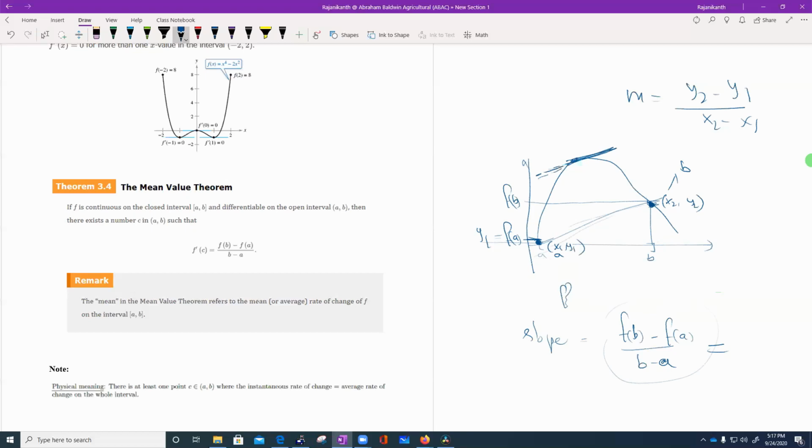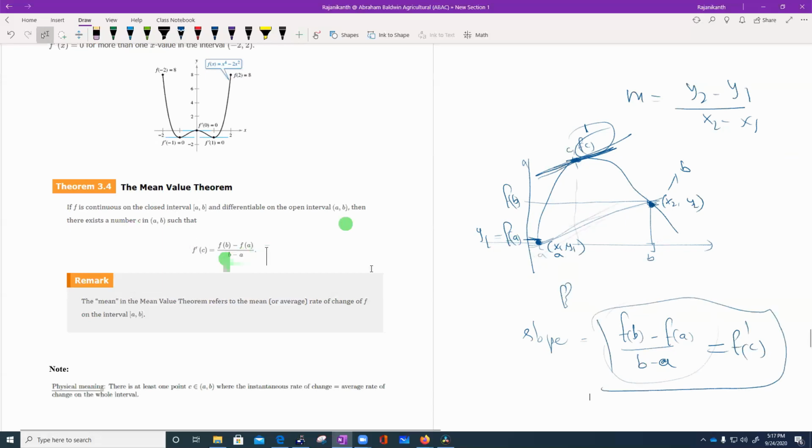So you could always find one point here, C and f of C, such that the slope at this point, f prime of C, is equal to the slope of the secant line. So this is basically just a theorem, right? This is called the mean value theorem.